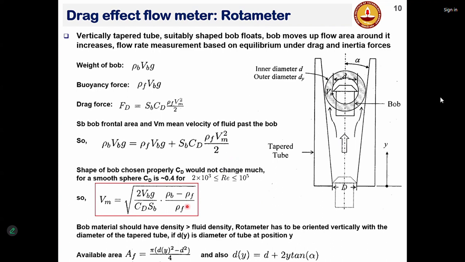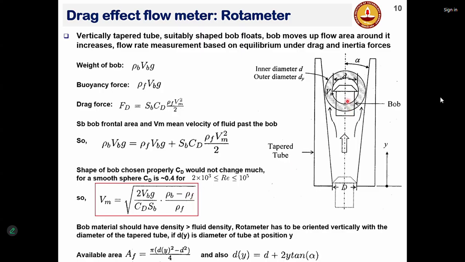And the other thing that this equation tells us is that in order to measure the flow velocity, this term is inside a square root. So this should not be negative, because if this is negative, then this becomes imaginary. So the bob material should always have a density higher than the fluid density.